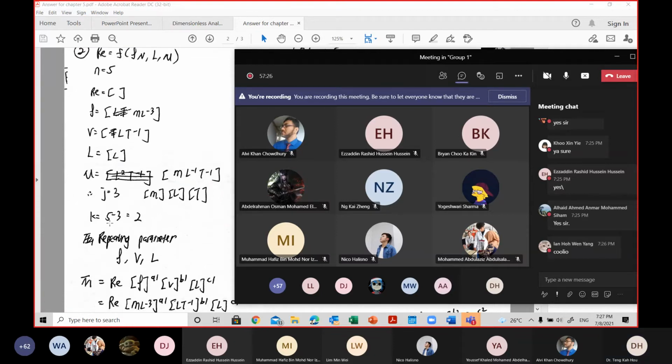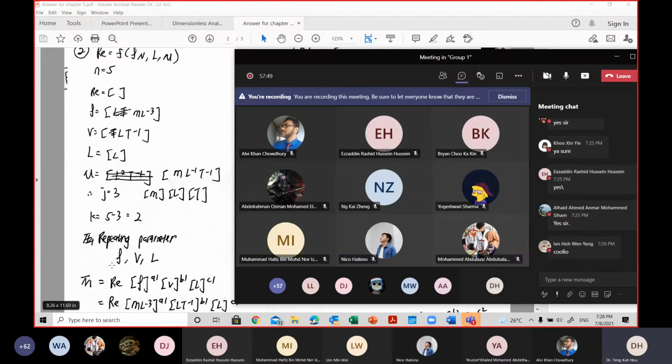Now, from there, I need to select my repeating parameters. Am I right? In this case, my j equals 3. I need to select 3 repeating parameters.